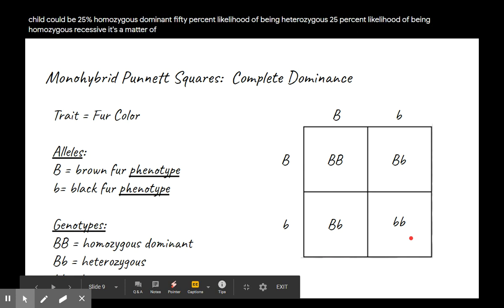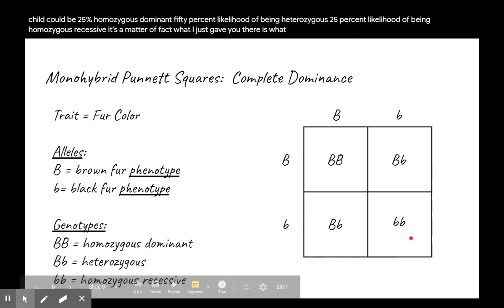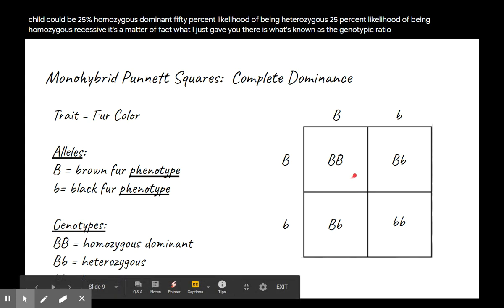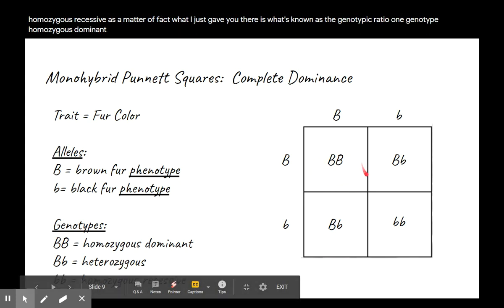As a matter of fact, what I just gave you there is what's known as the genotypic ratio. 1 genotype, homozygous dominant, 2 that are hetero, and 1 that's homozygous recessive, a 1 to 2 to 1 genotypic ratio.